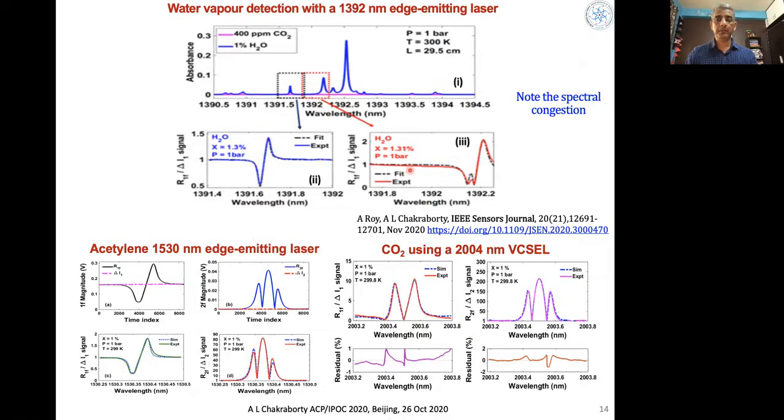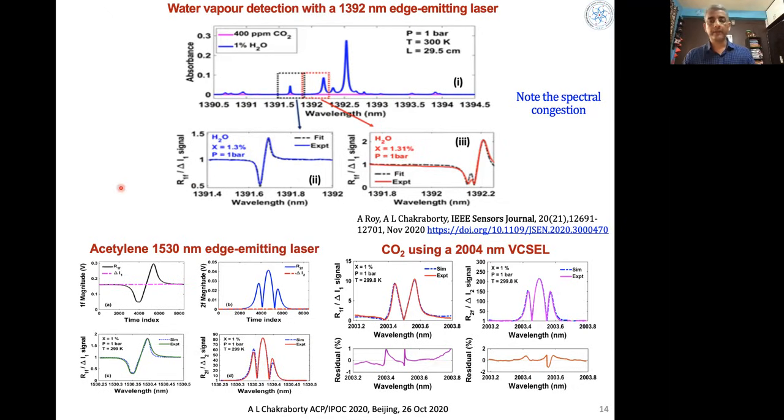But when we apply this technique, it is possible to use such lines that have spectral congestion because the spectral wings are not important in our measurements. You've extracted everything from the output of the laser itself. So you're not extracting anything from the gas absorption line. We've also applied this to other types of lasers, as you see, and the method works really nicely.